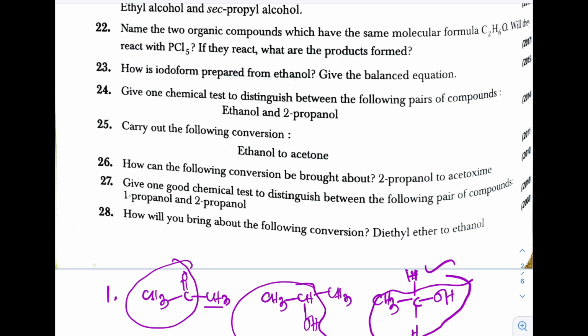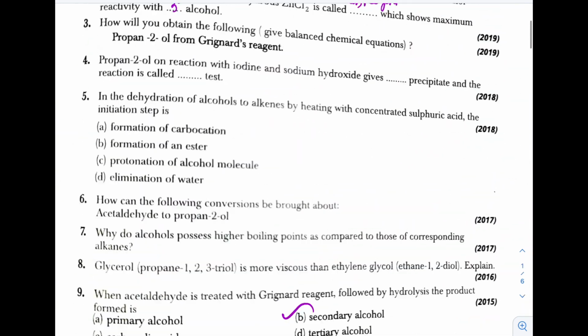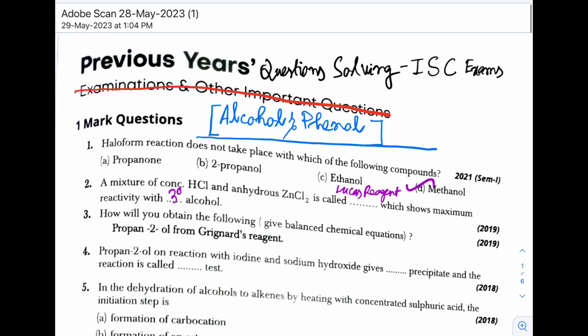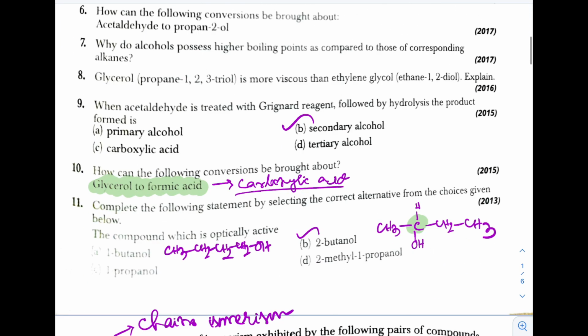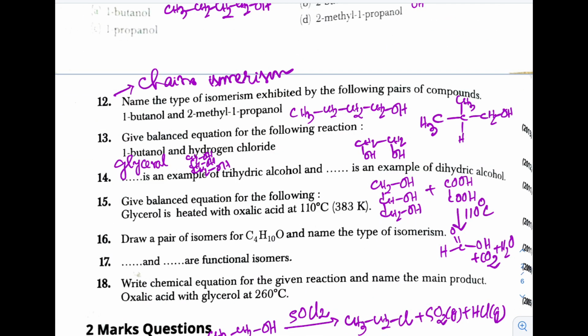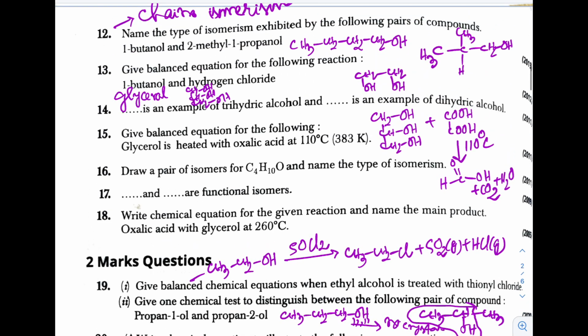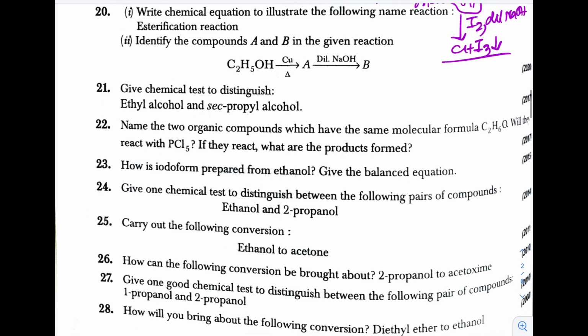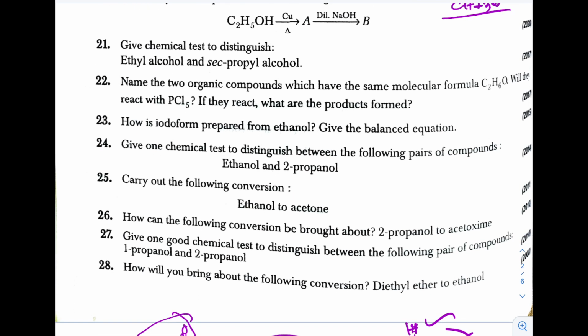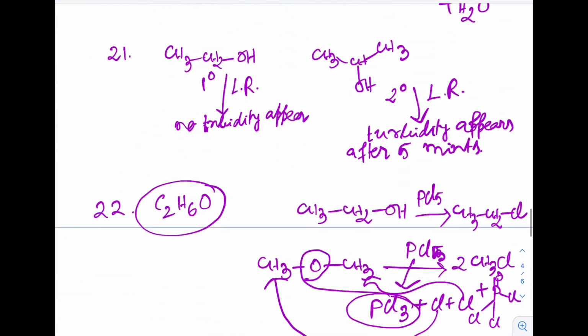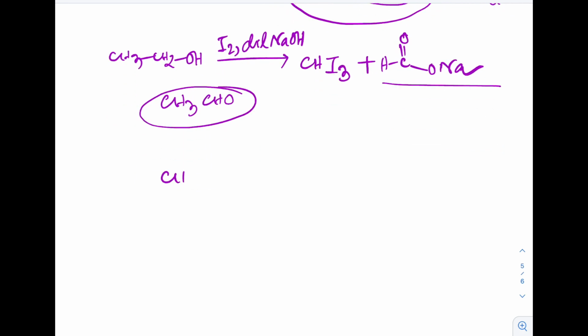Next, carry out the following conversion: ethanol to acetone. This is ethanol and this is acetone.